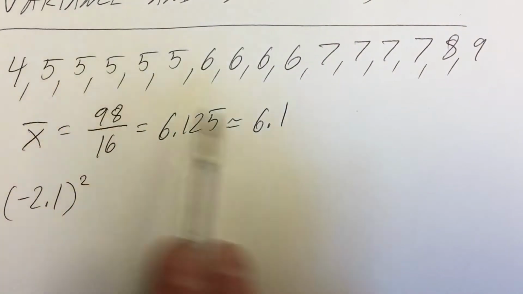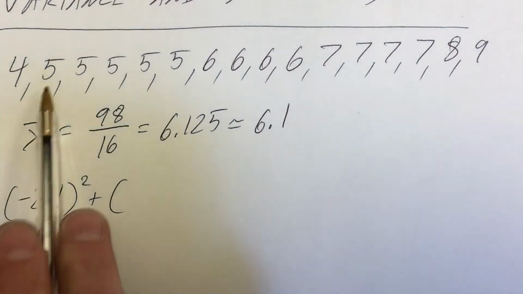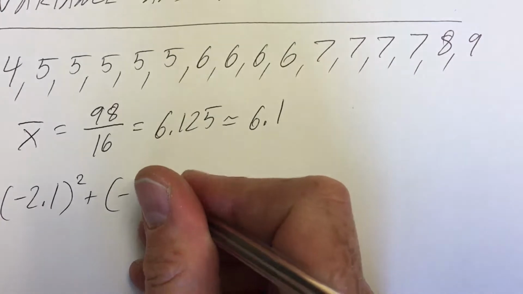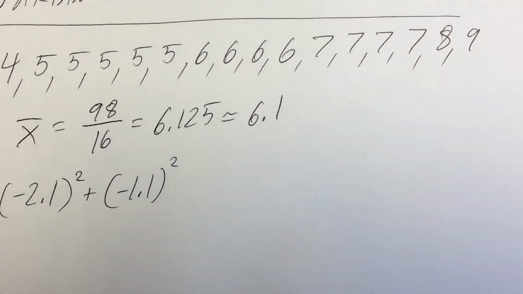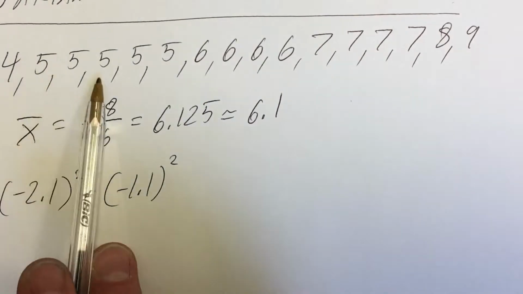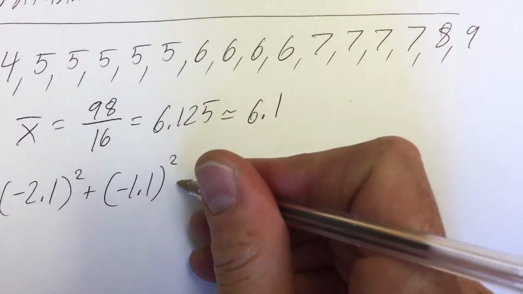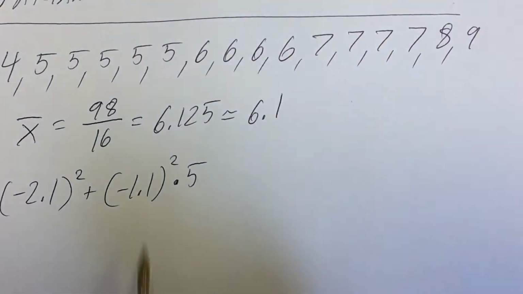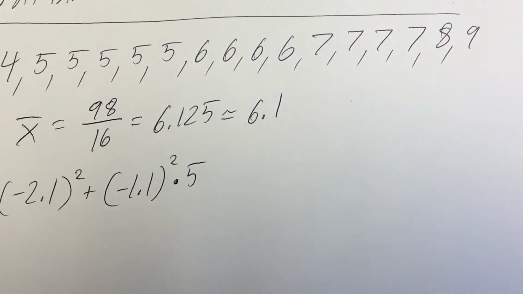Following with the next number 5, subtracting 6.1 would be negative 1.1, and again that value would be squared. We could repeat this for each of the 5 values. Since all 5s are the same, we can multiply this value by 5, and that would be the same as squaring this number 5 times and then adding it.